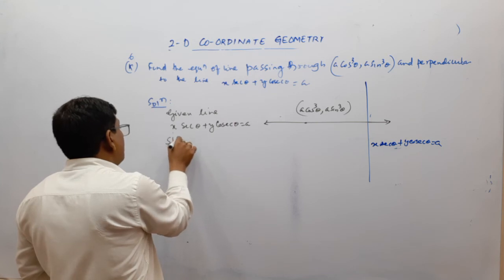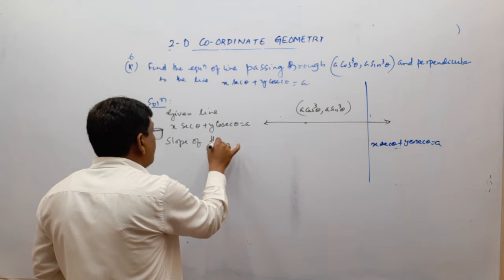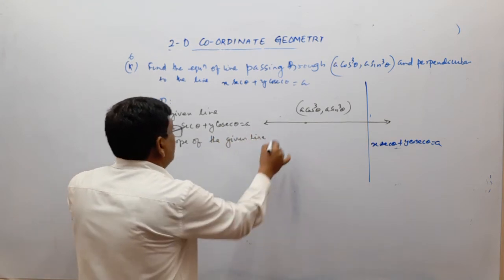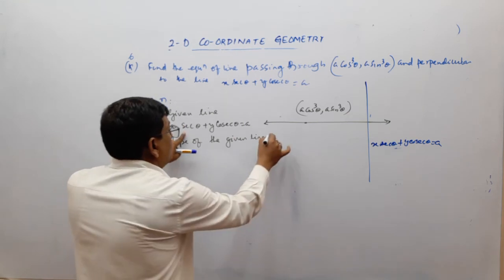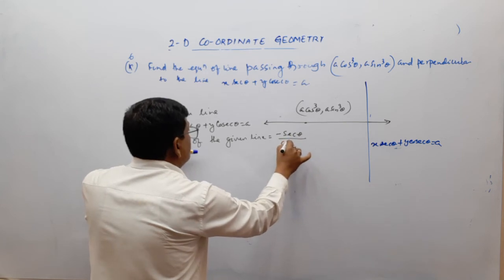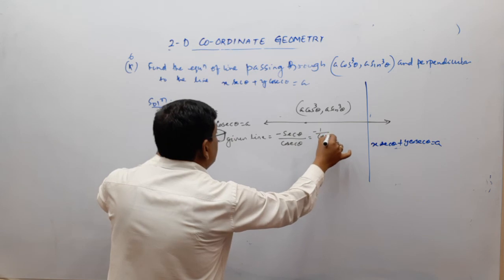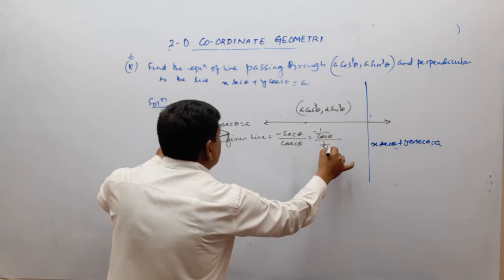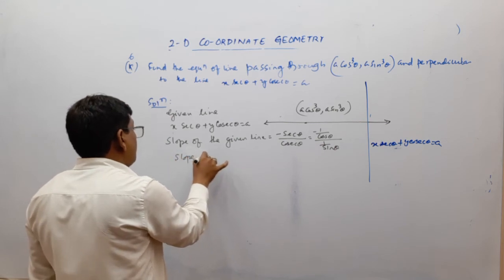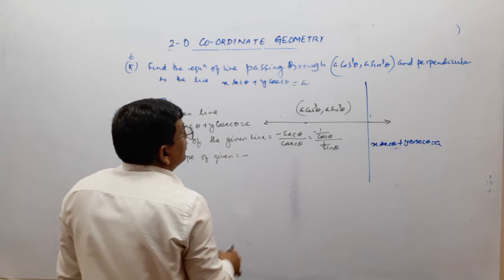Slope of the given line is minus a by b, that is minus sec θ by cosec θ. So this is minus 1 by cos θ, whole divided by 1 by sin θ. So the slope of the given line is equal to minus tan θ.